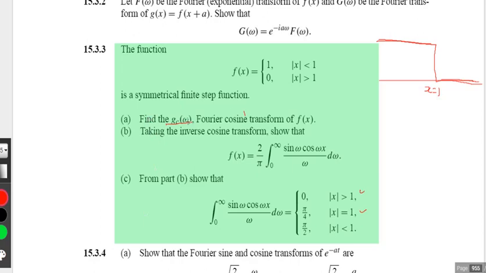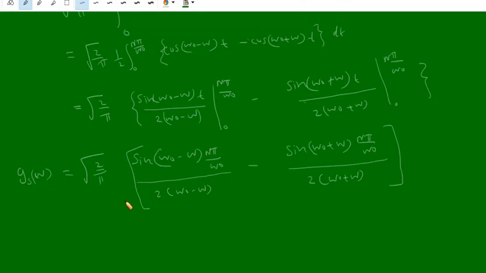So first find the Fourier cosine transform of f of x. Now we have the Fourier cosine transform gc of omega equal to root 2 by pi integral 0 to 1 cos omega t dt, because our function is equal to 1.